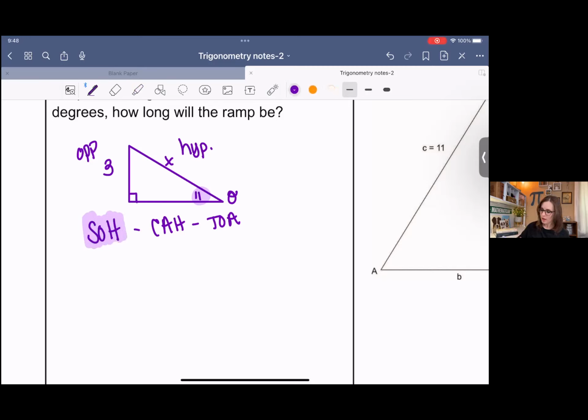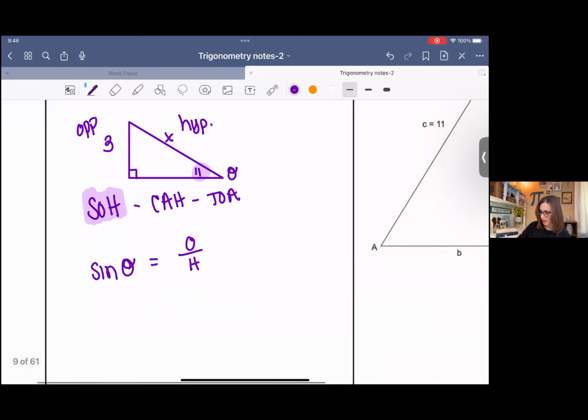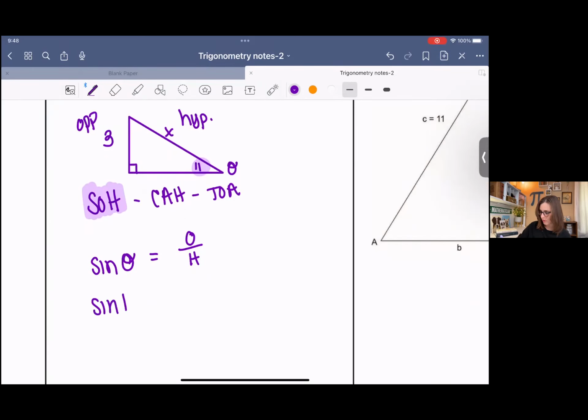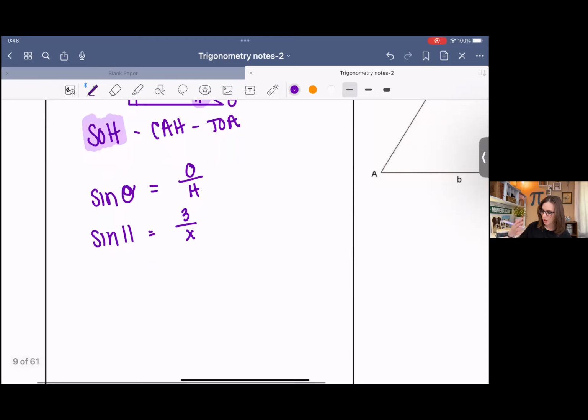So I can say sine theta equals opposite over hypotenuse. And in this specific case, theta is 11, opposite is 3, and we're solving for the hypotenuse. We're going to have to do a little bit of algebra to manipulate this equation to solve for x. I'm going to multiply both sides by x so that the x's over here divide.